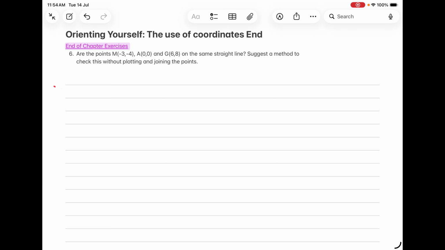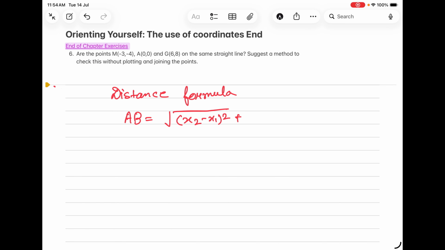So what is the distance formula? AB equals the square root of (x2 minus x1) whole square plus (y2 minus y1) whole square.